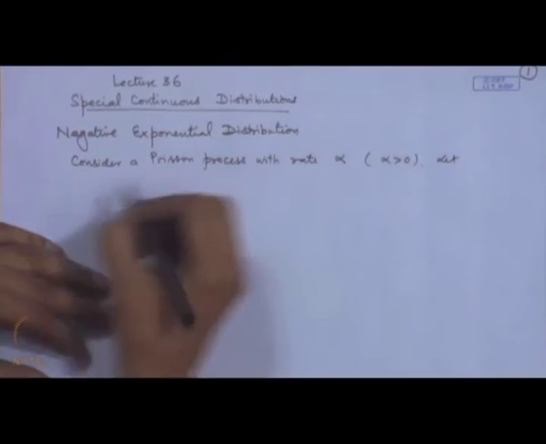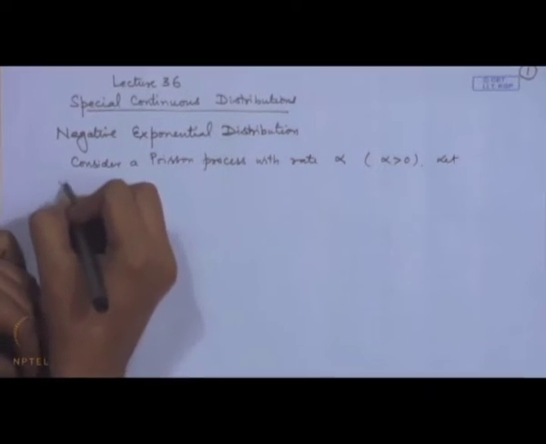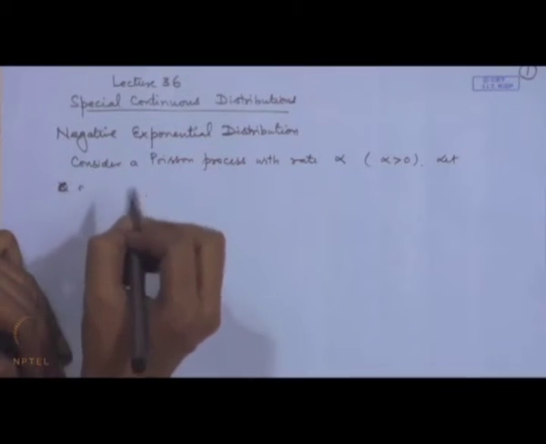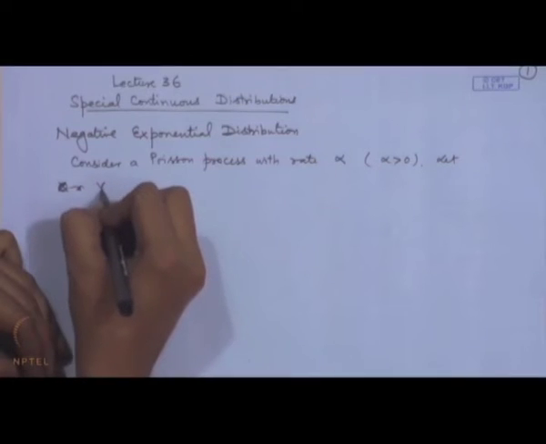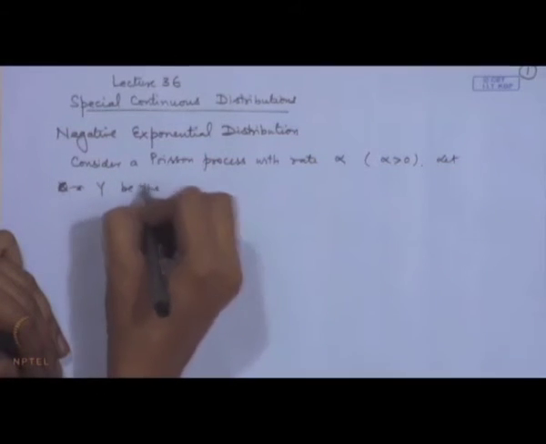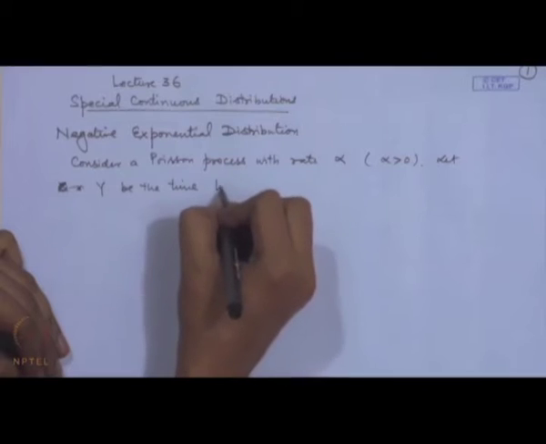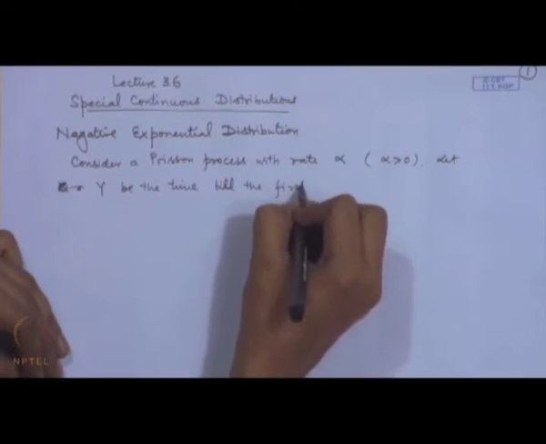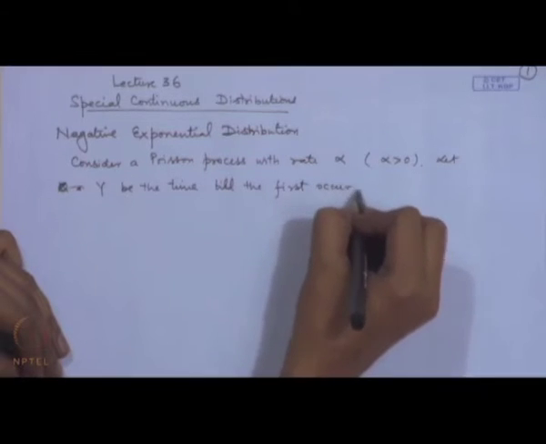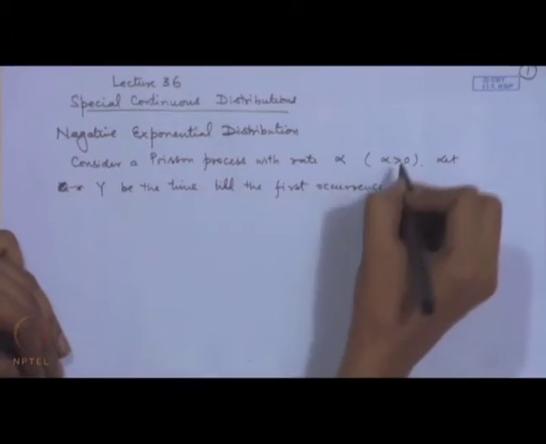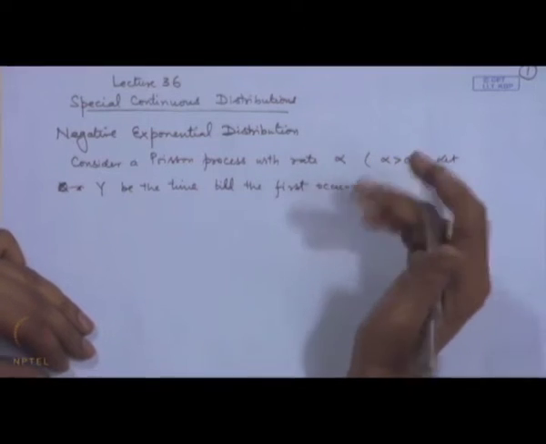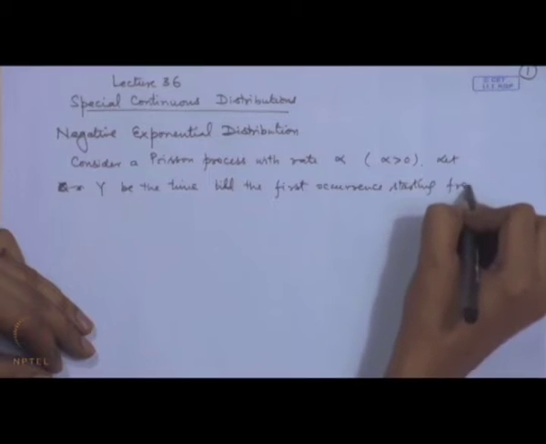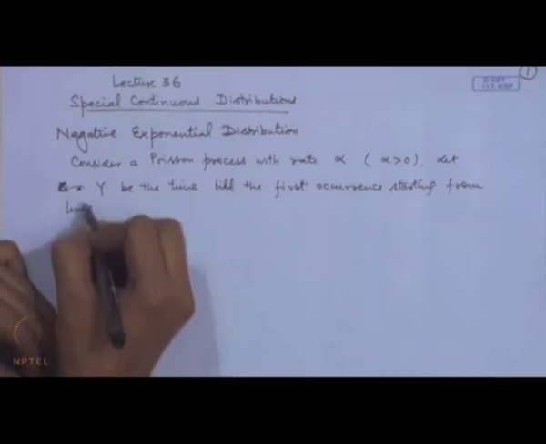We have already used the notation x for the number of occurrences, so let us use another notation: let y be the time till the first occurrence, starting from time 0.